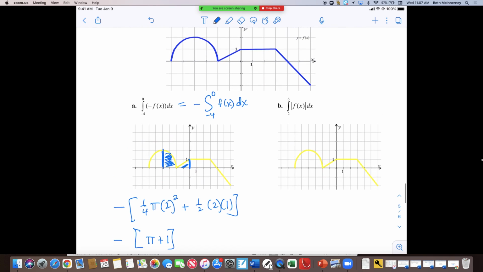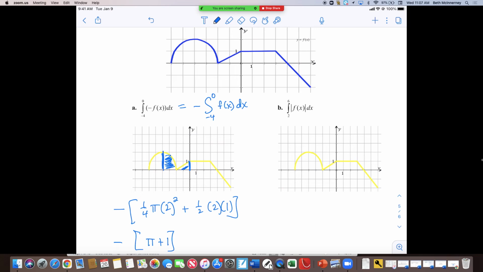Now in letter B, I have from 2 to 6, so you want to pay attention to the limits of integration. What do you remember about absolute value of a function? What does that do to the y values? It makes them positive. So watch what's going to happen.